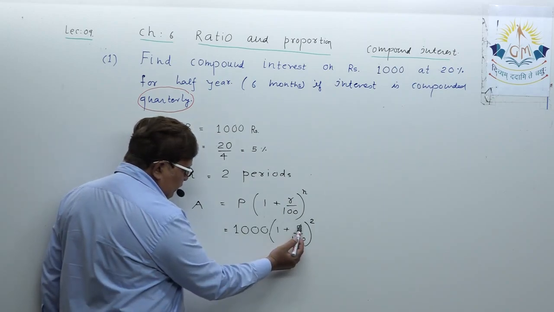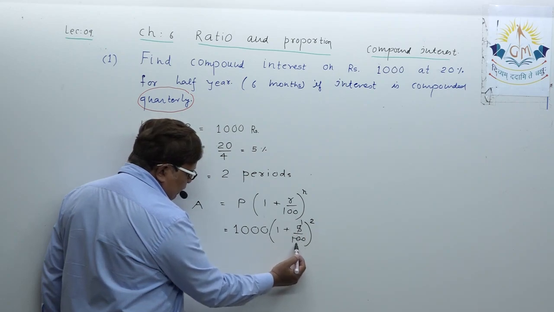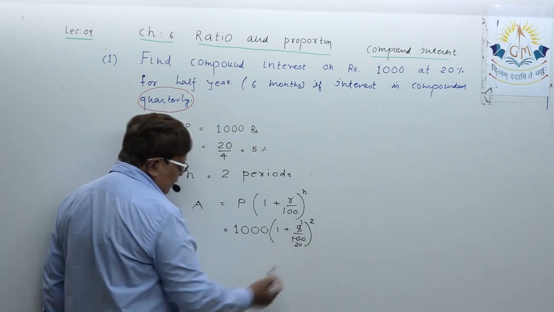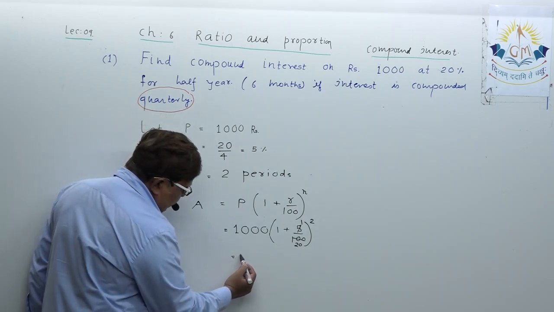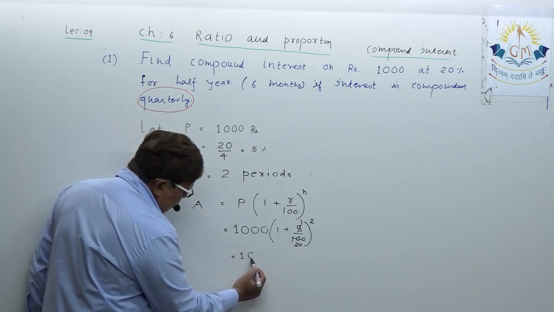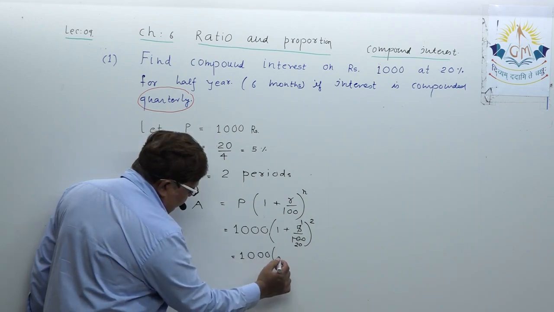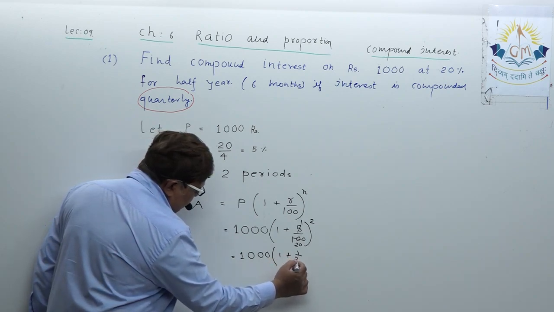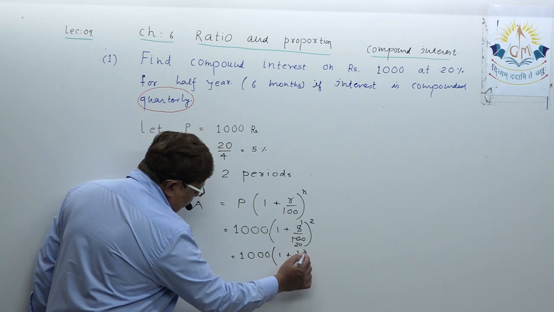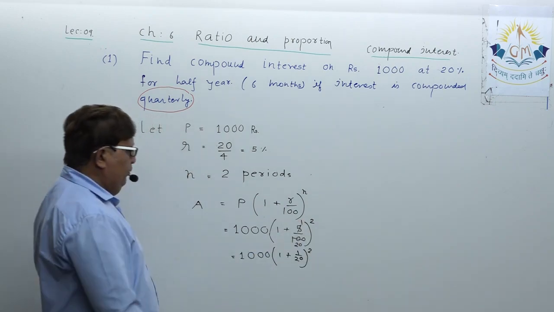Further cancellation, 5 1s are 5, 5 20s are 100. So as a result you will get 1000 into bracket 1 plus 1 upon 20 raised to.